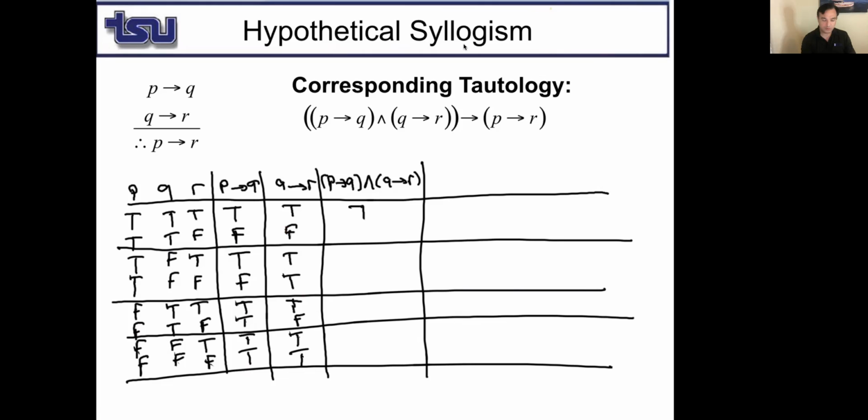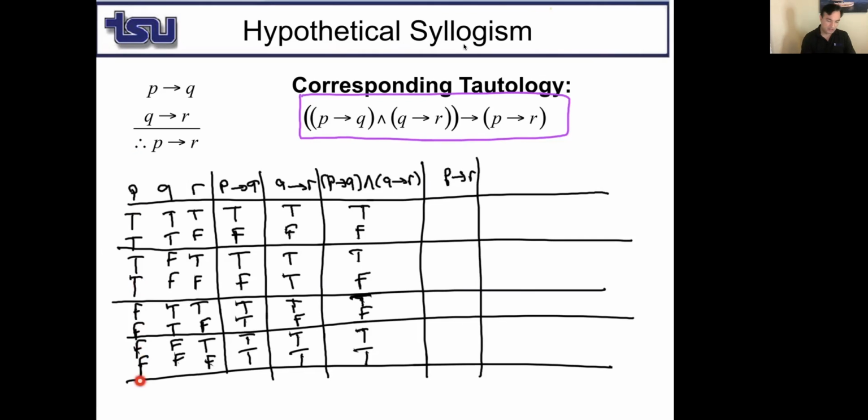True and true is true, false, true, false, true, false, true, and true. And then I will get the last statement, but in order to do that, I need what? P implies R.